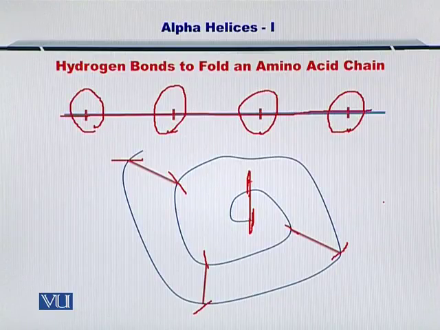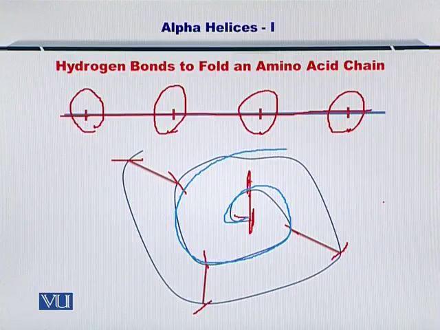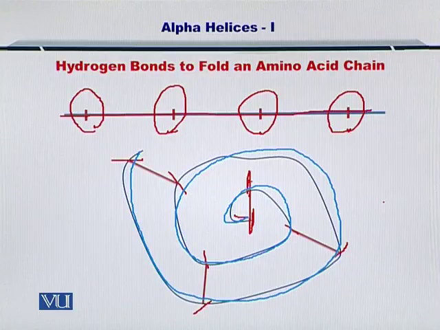As you can see, if interactions like these start to happen, then the protein has started to take the form of a spiral. Therefore, such interactions can give rise to complex structures in proteins.